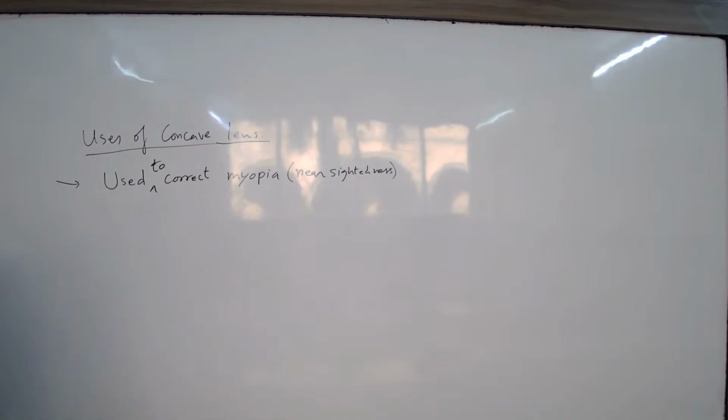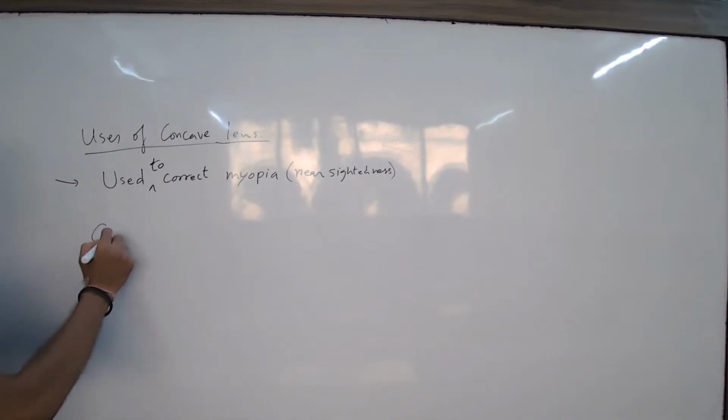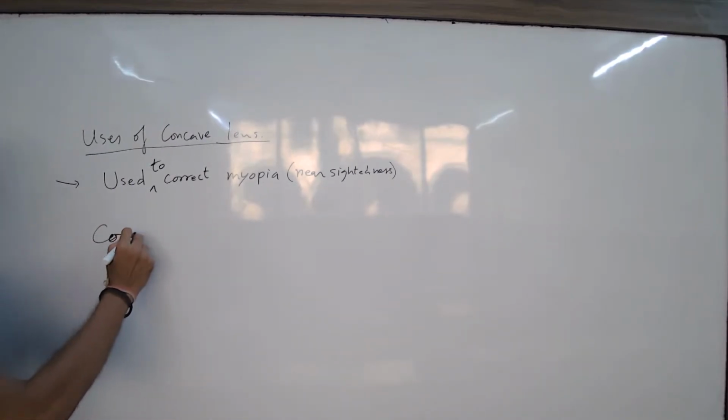So I think uses are only for mirrors, not for lenses. Okay, so one is this: convex lens is used in projectors.